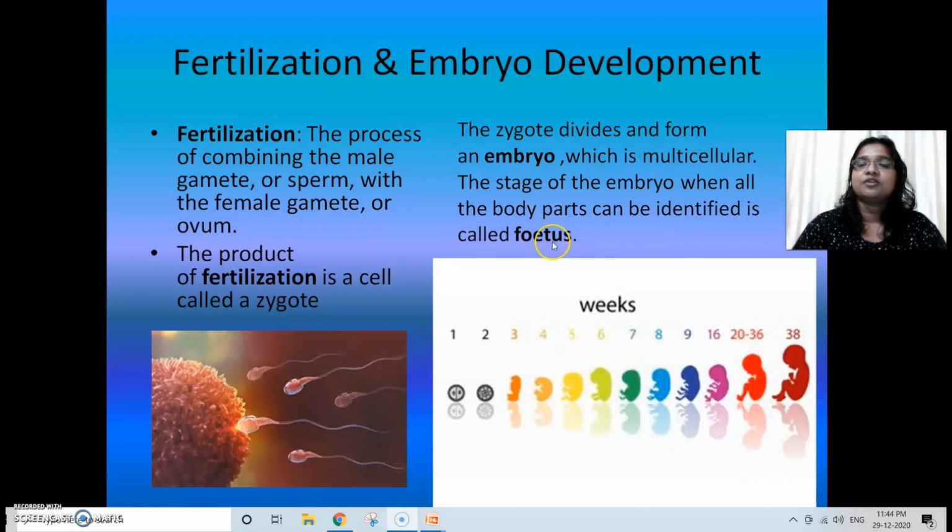And from that time onwards, we call it a fetus. So the fetus is a stage of the embryo when all body parts become identifiable. Later, gradually all the parts become more identifiable in the fetus and it comes out as a baby. So hope it is clear for you. Thank you.